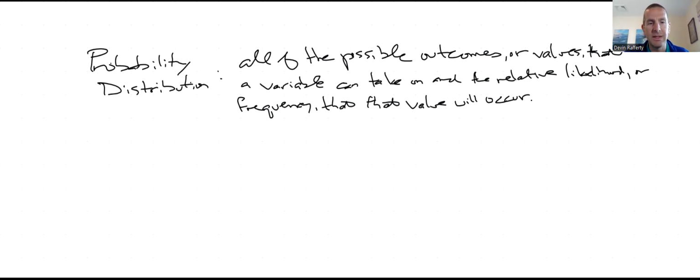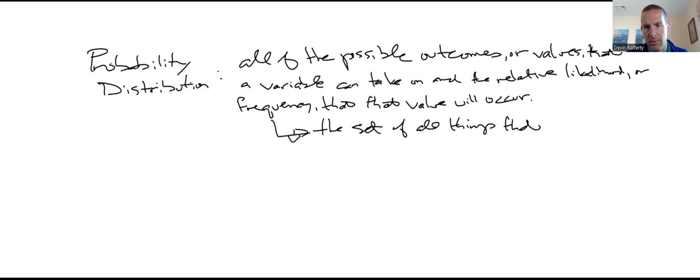Okay. What's an easy way to think about this? An easy way to think about a probability distribution is nothing more than the set of all things that can happen and the odds of it happening.